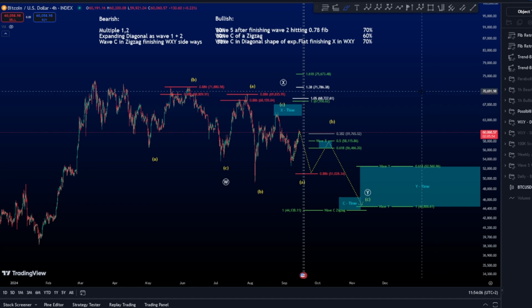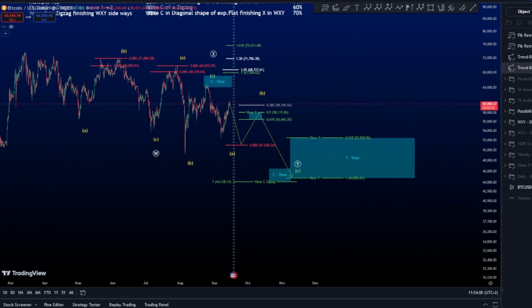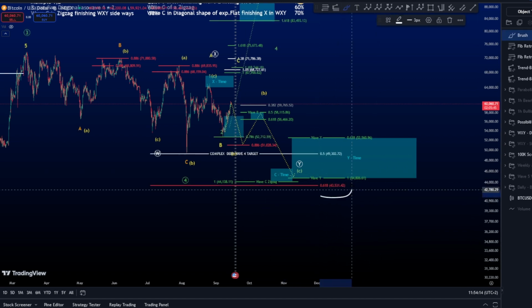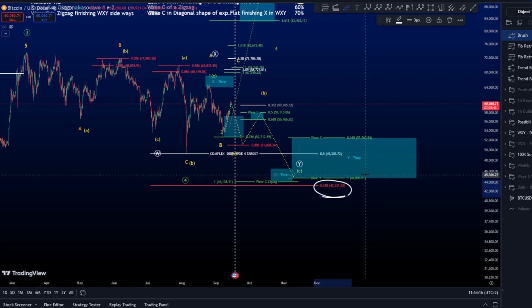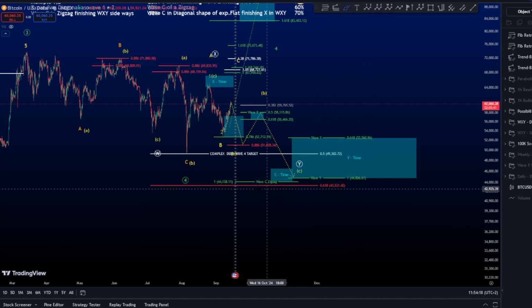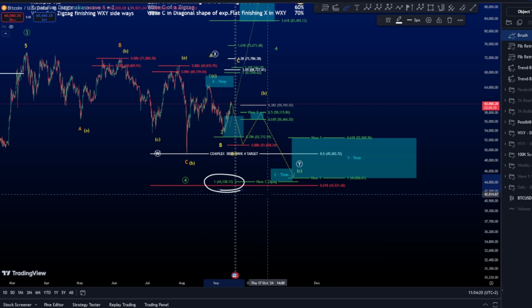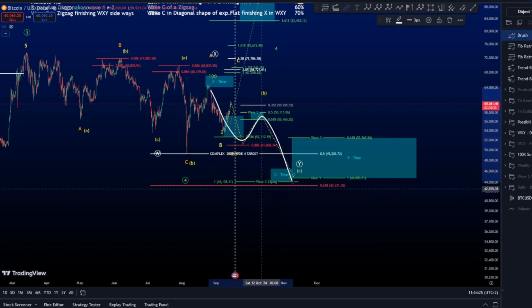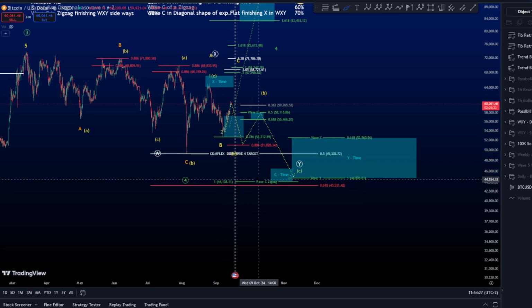Now, the good thing is that it doesn't touch even your wave 4 invalidation level. So your invalidation level is 43,500. Your wave 1-to-1 as a zigzag, let's say taken from here till there, is 44,100.